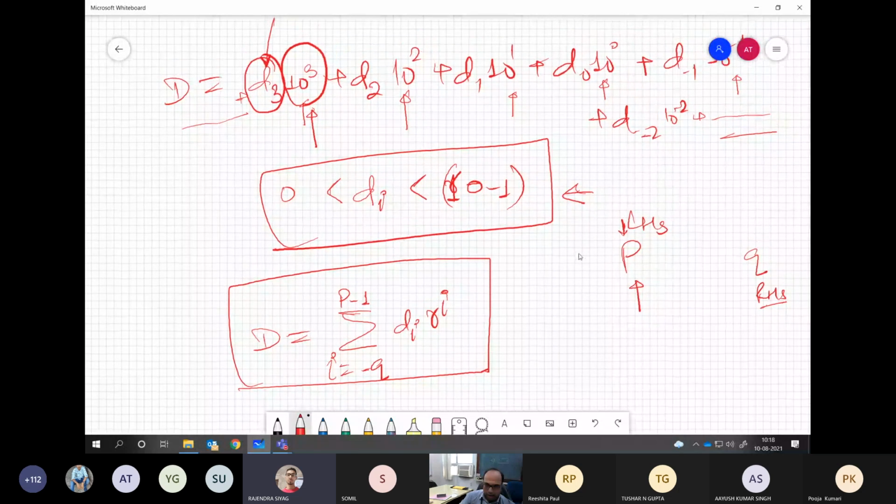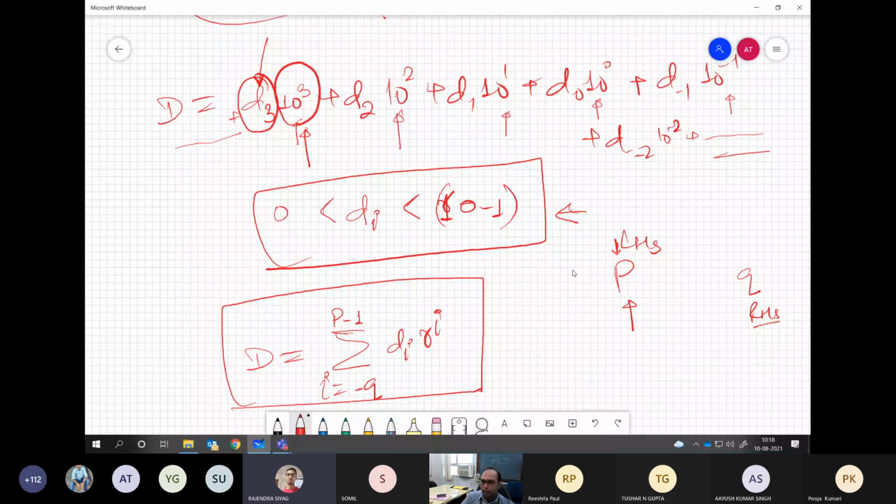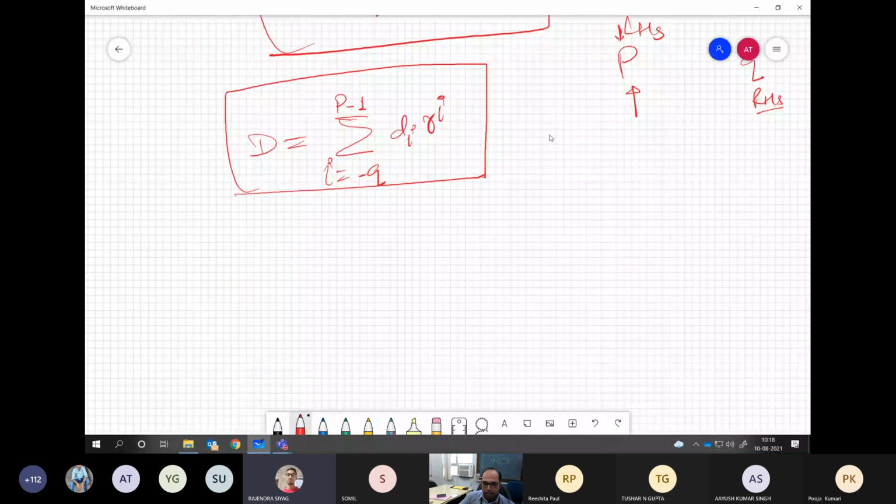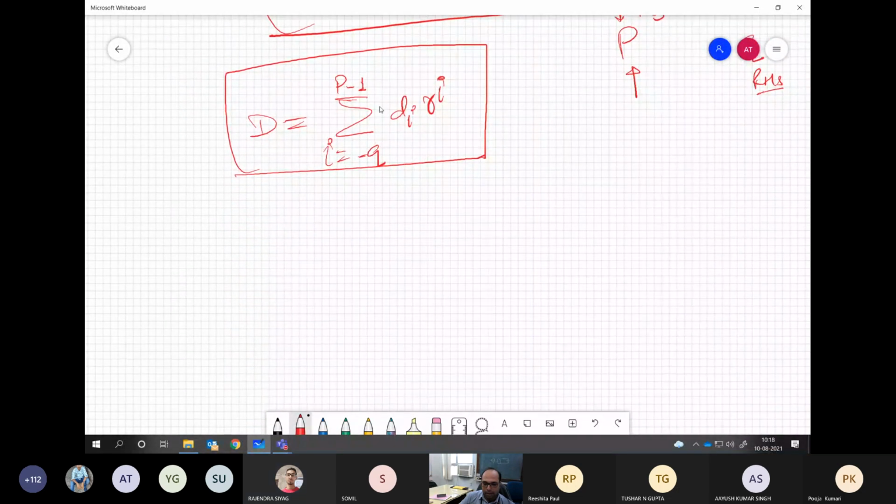Can you again explain that Di? There was a network issue. Yes, sure. If you expand this, what we have is d p minus 1 r raised to the power p minus 1 plus d p minus 2 r raised to the power p minus 2, and so on.